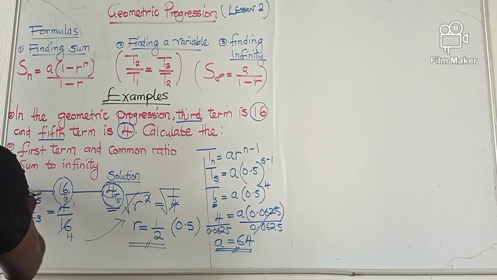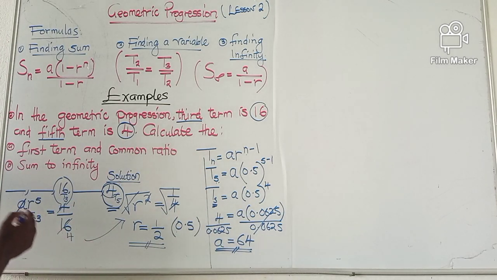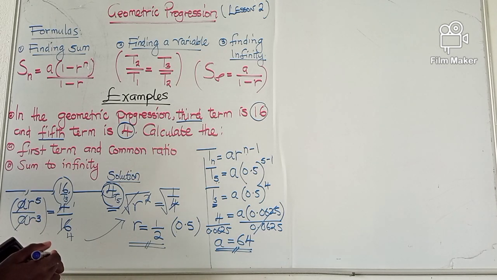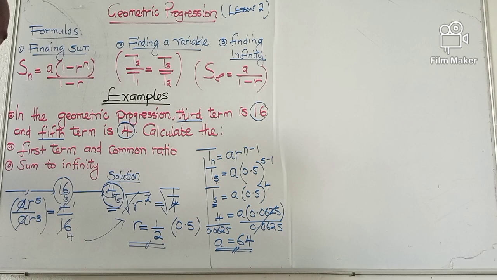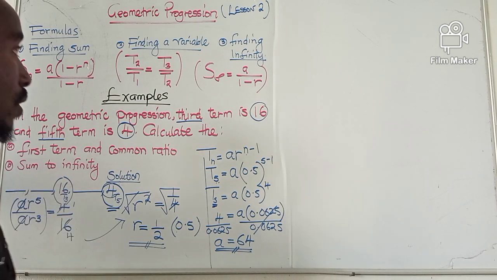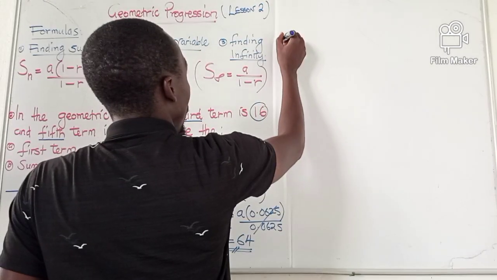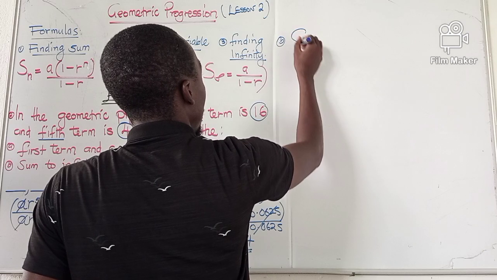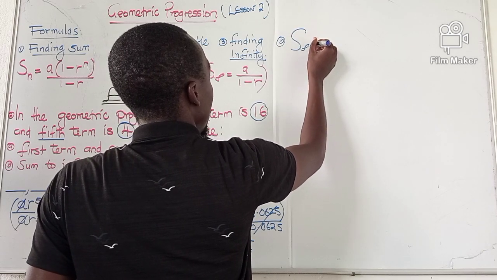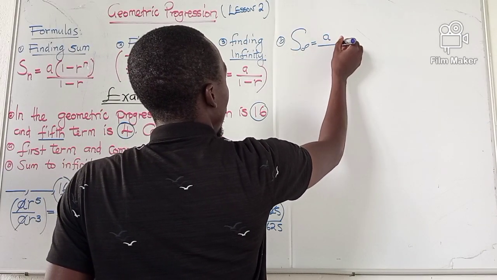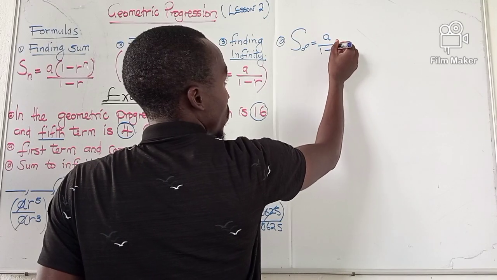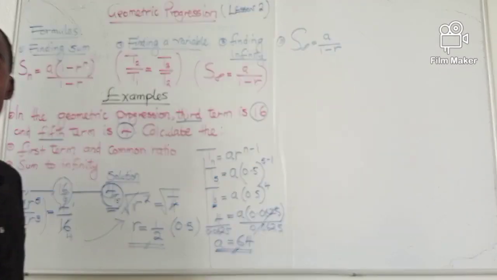When they are omitting the terms, you just use this simple formula. Okay. Let's go to the next question where we are finding the sum to infinity. So we use the formula for finding sum to infinity. So for B, our sum to infinity will be equal to A over 1 minus the ratio.